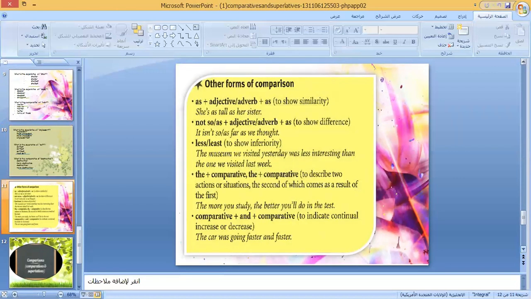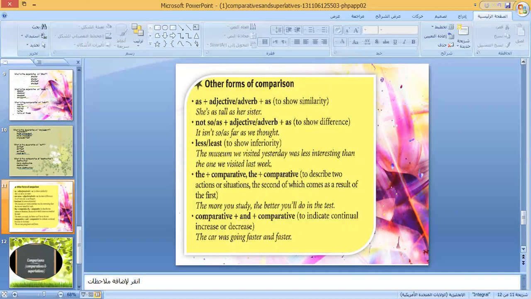Other forms of comparison. Number one, as plus adjective or adverb plus as, to show similarity. For example, she is as tall as her sister. Number two, not so or as plus adjective or adverb plus as, to show difference.